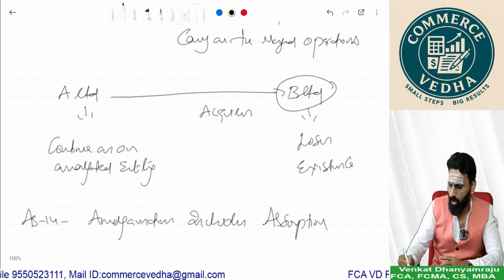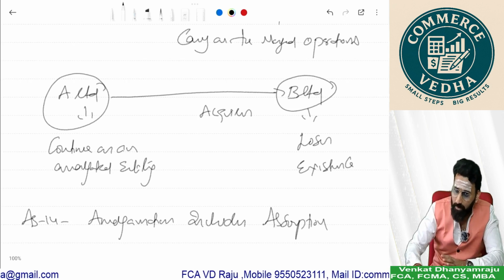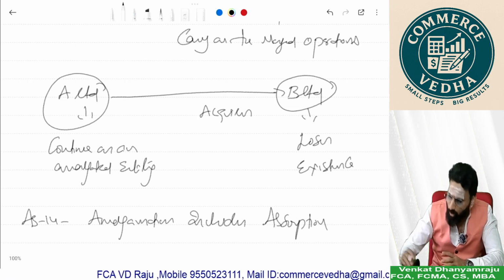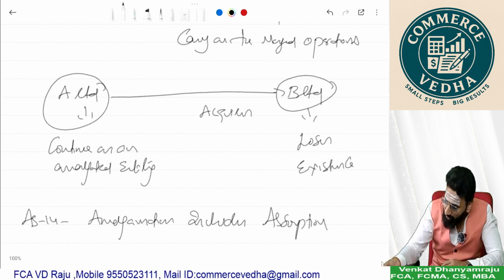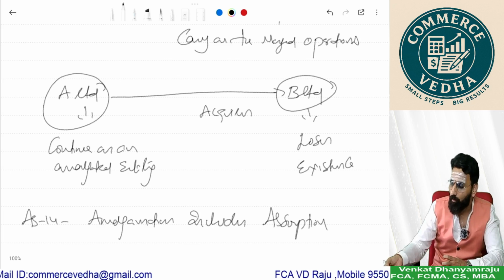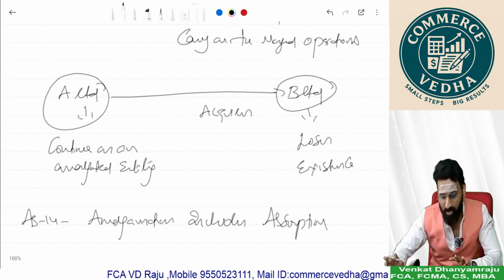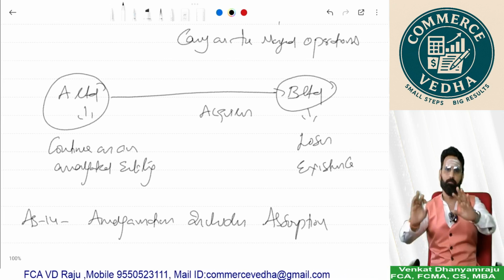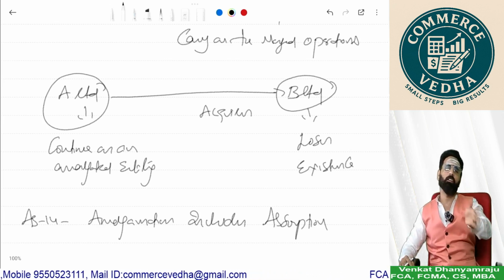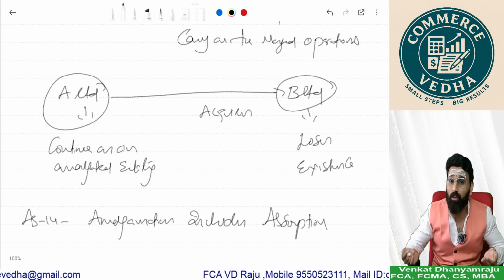Wherein here, this is an existing company, this is an existing company, but this company still continues, while this company gets into this. A Limited buys B, so B loses its existence and becomes a part of A, no change in name. A will continue, either with a change in name or no change in name, but this is already a legal entity, not newly formed.